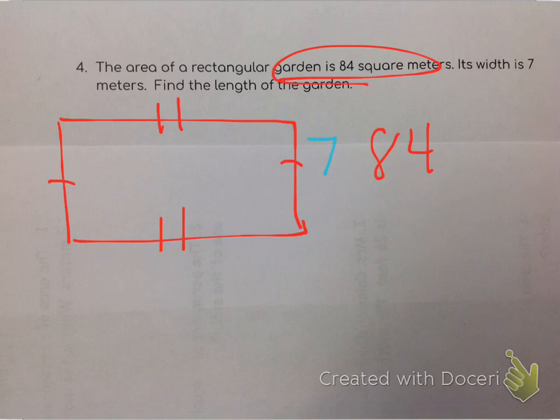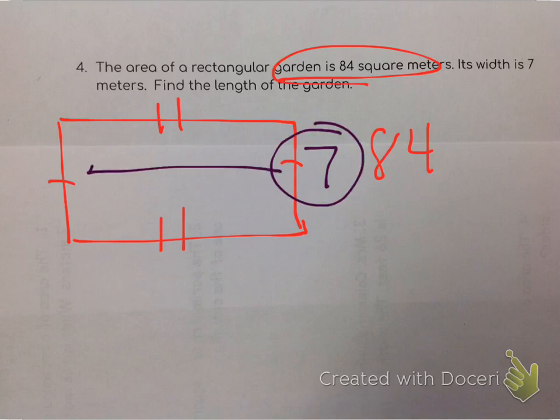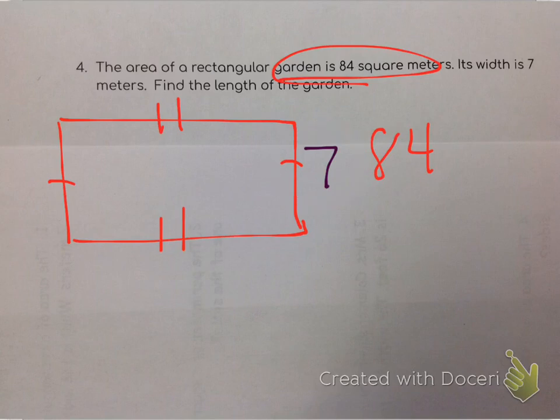So its width is 7. Well, we know with a rectangle that this side is equal to this side, so we can go ahead and label what we know. That will help them when they get to perimeter in the next video.